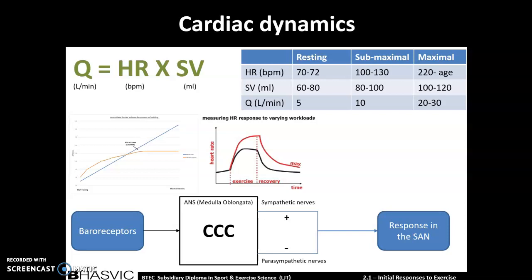So this feedback would be sent to the ANS, specifically the medulla oblongata, and specifically the cardiac control center within that, also known as the CCC.